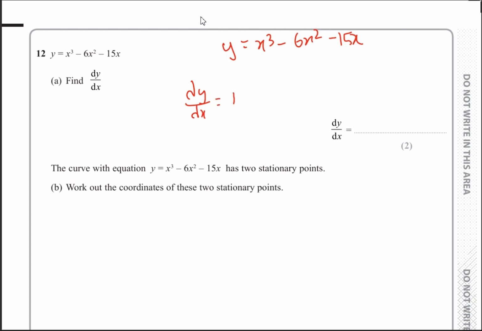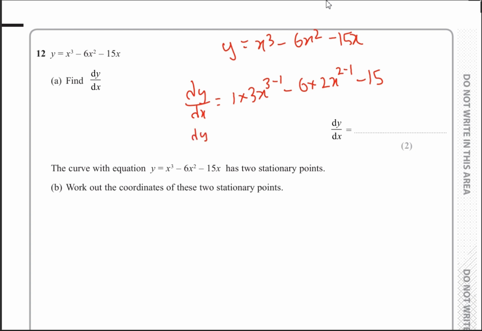So here I have 1. It's multiplied by 3x, and I minus 1 from the power. Same for this. I multiply by the power, so I multiply by 2 and minus 1 from this. So I have minus 6 times 2x and 2 minus 1. And when you have x, you just write the number in front when you differentiate.